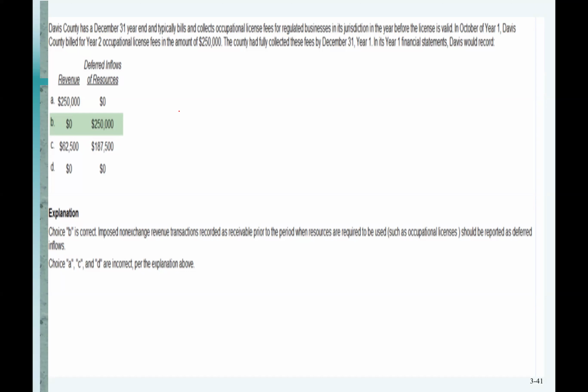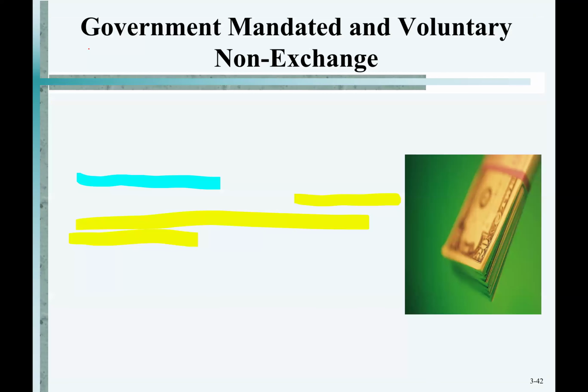And again, similarly, they're collecting money in year one, but it's for year two activities. So how much is revenue in year one? The answer is nothing. It's all deferred inflow in year one in this example.